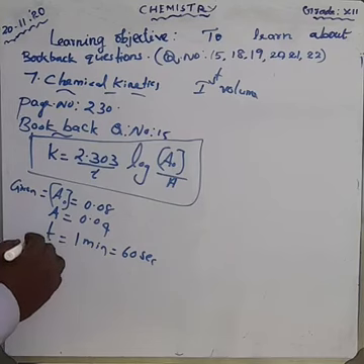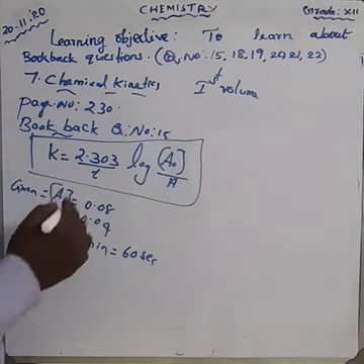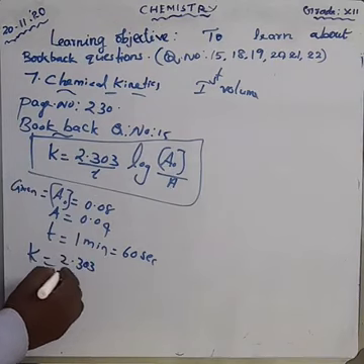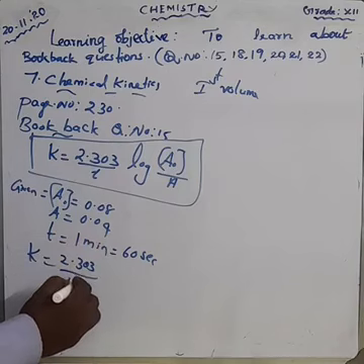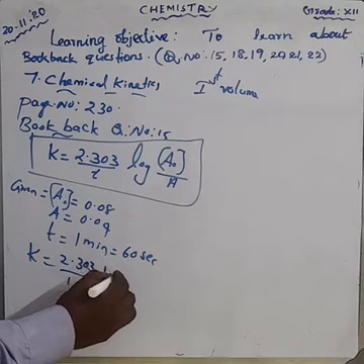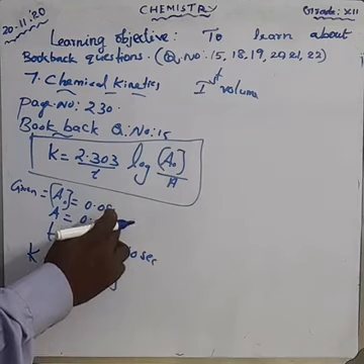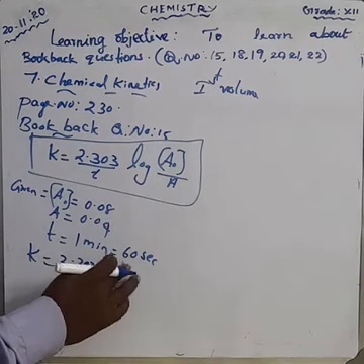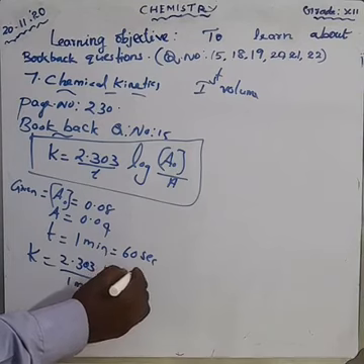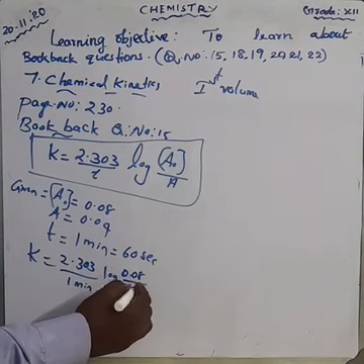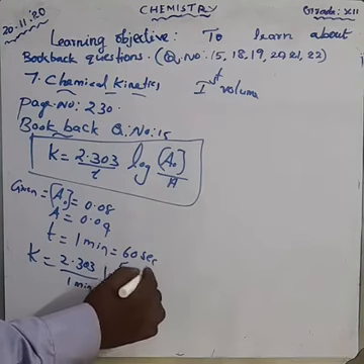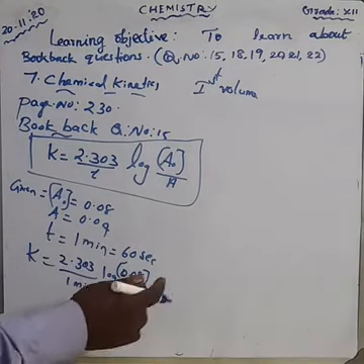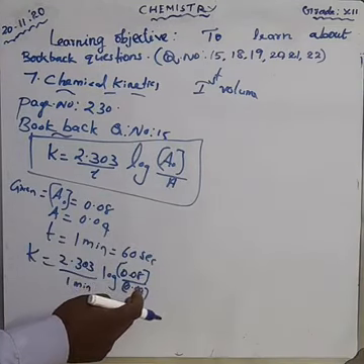Then K is equal to 2.303 divided by 1 minute, log of 0.08 divided by 0.04. We can rewrite this: 0.08 divided by 0.04 is equal to 2.